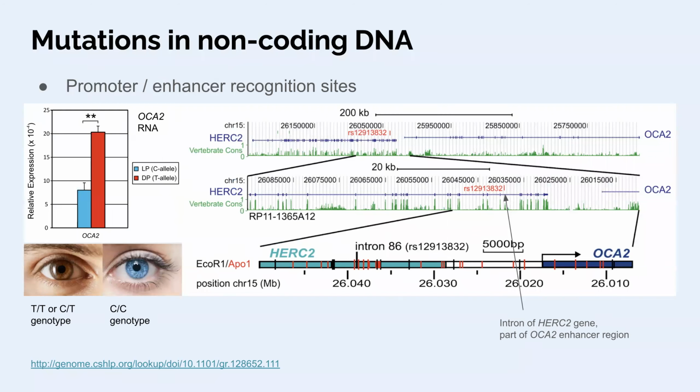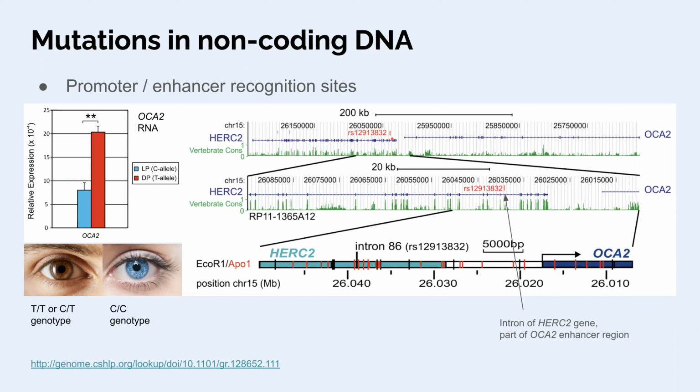So back again to the OCA2 example. I think we're just about done running through these examples. I know you've seen a lot of them, but I mentioned the HERC2 gene, this gene that's upstream of the OCA2 gene. The specific SNP that has a major effect on eye color is located inside of the HERC2 gene, but it's not actually part of a HERC2 exon.